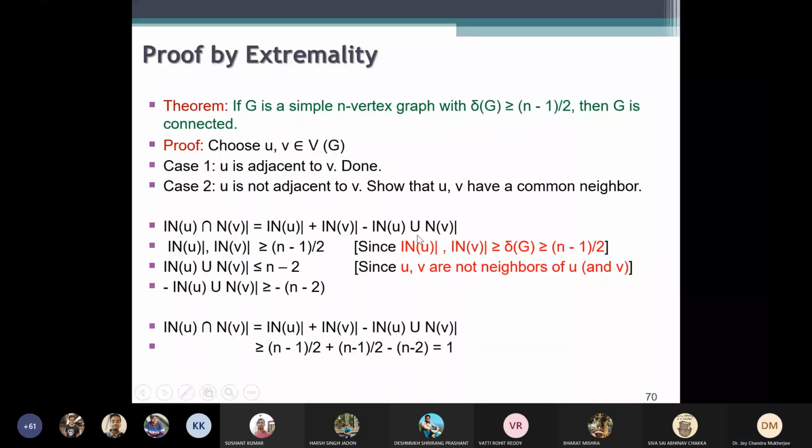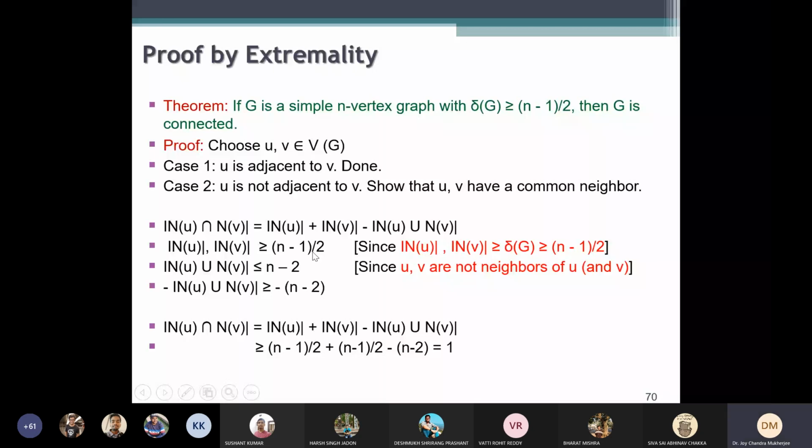Now how many neighbors are there for u? It is greater than or equal to (n minus 1) by 2, and this is also true for N(v). Since delta G is greater than or equal to (n minus 1) by 2, both |N(u)| and |N(v)| are at least (n minus 1) by 2.